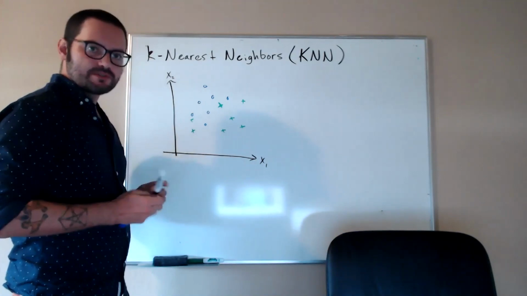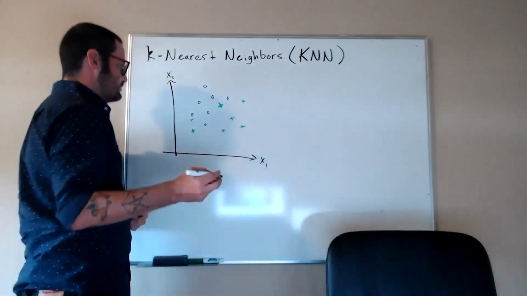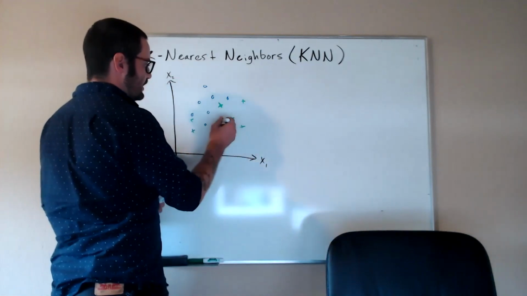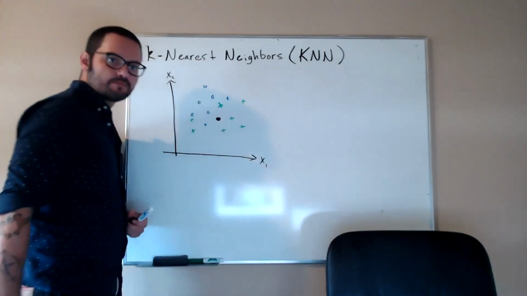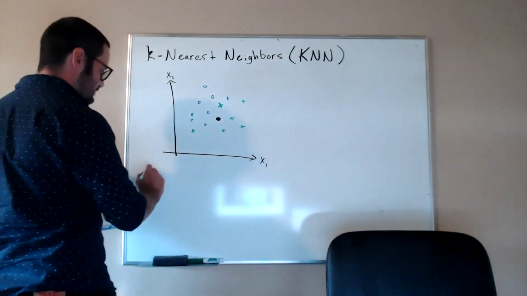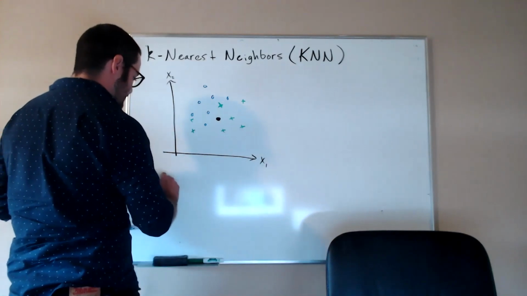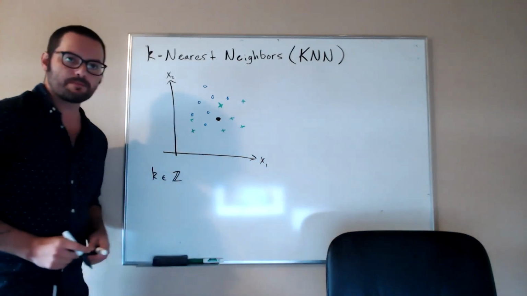But suppose that we have another data point that we want to consider, and it's right here. Now k here is going to be some integer value.